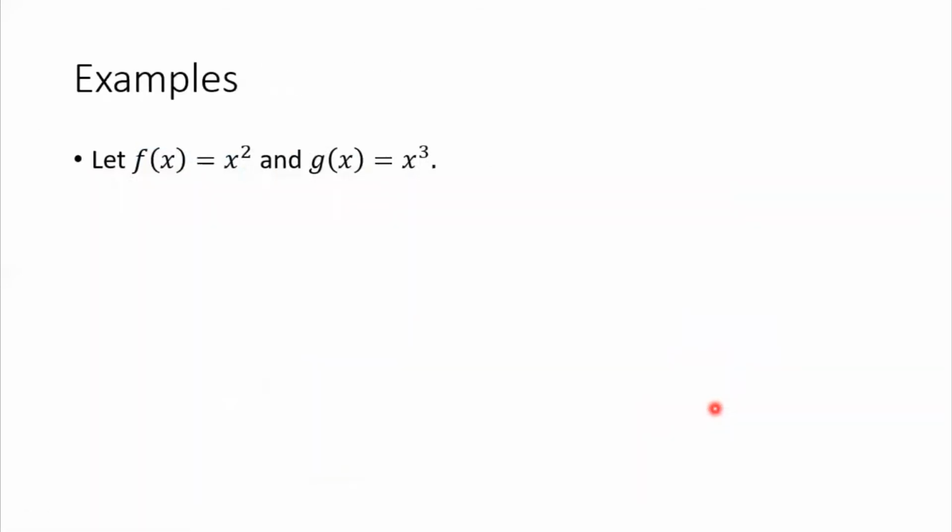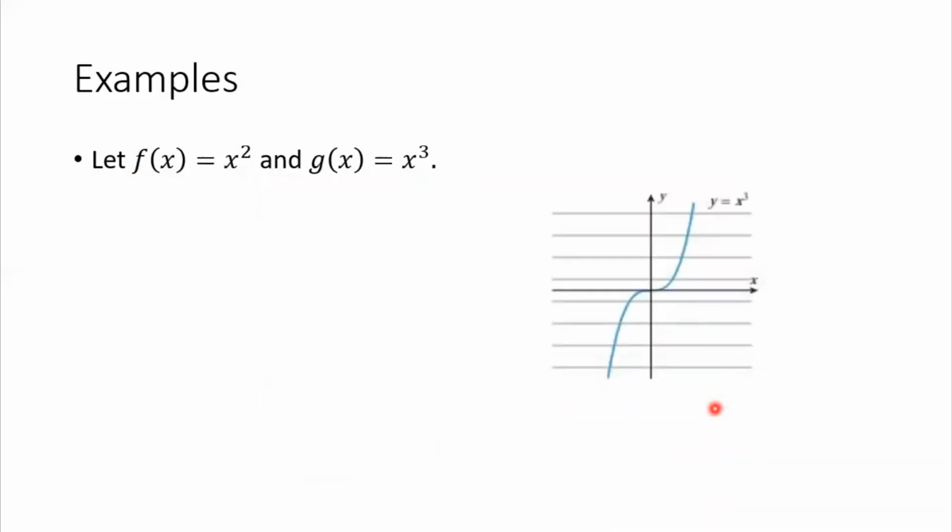Here is another example. Suppose we have the graph of y is equal to x cubed. This y is equal to x cubed is a one-to-one function and it has an inverse, since using the horizontal line test, every horizontal line intersects only one point on the graph.